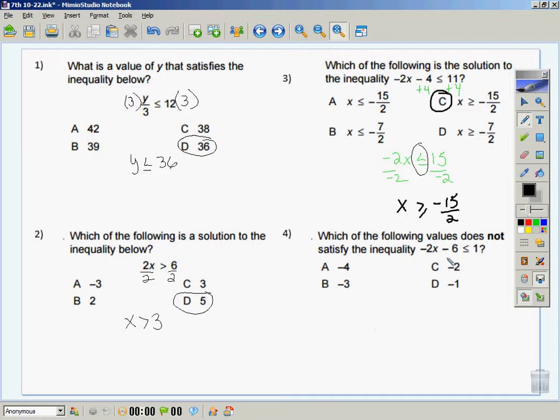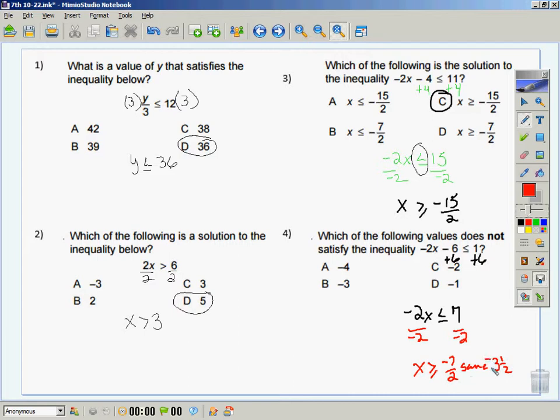On number 4, I should have added 6 to both sides. I'd have had a negative 2x is less than or equal to 7. I would have divided both sides by a negative 2. When I divide by a negative, I have to flip my inequality. 7 over 2 is the same as 3.5.